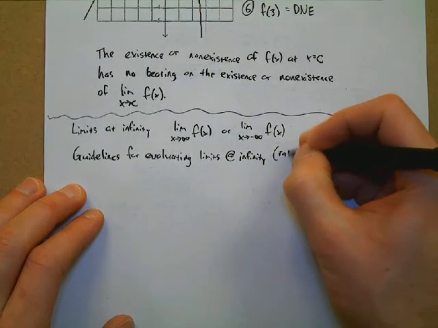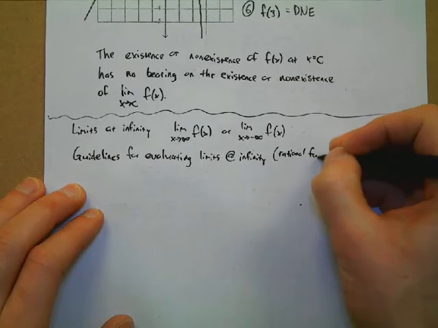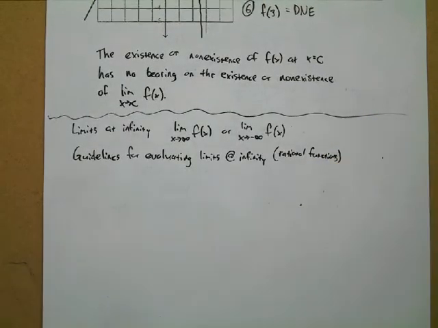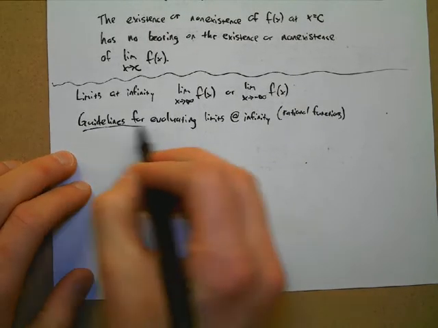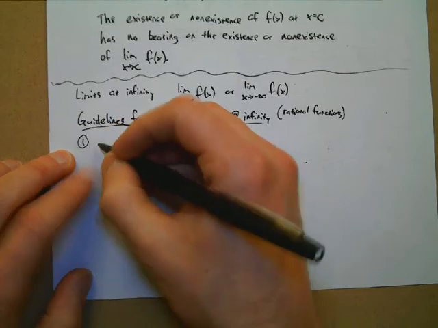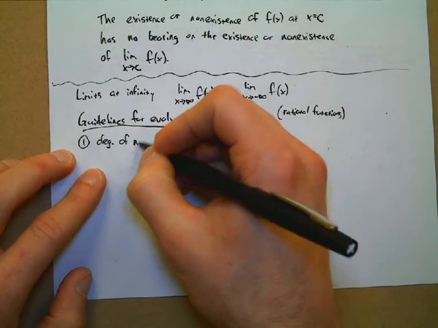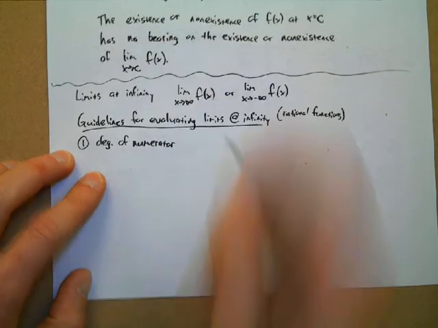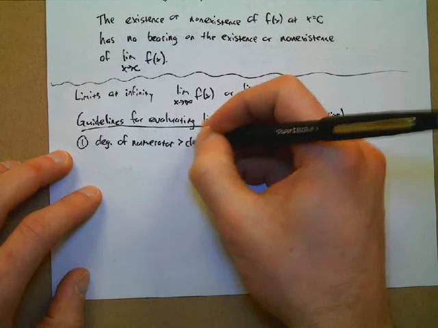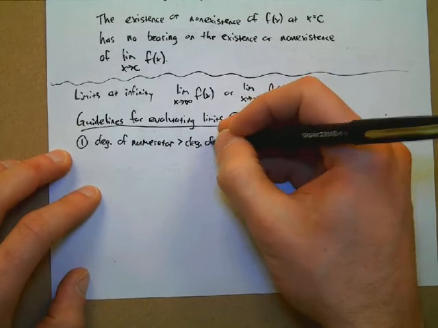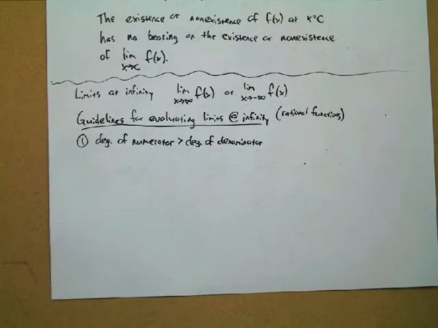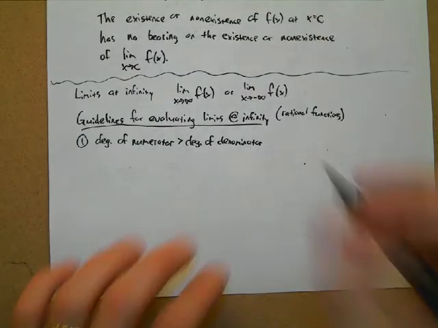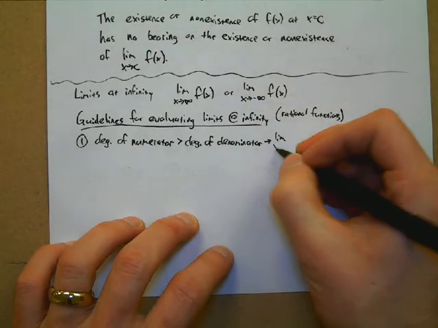Number 1, if the degree of the numerator is greater than the degree of the denominator, the limit as x approaches infinity or negative infinity does not exist.